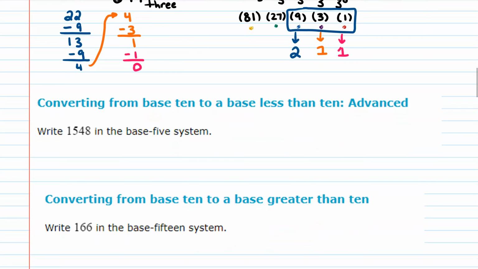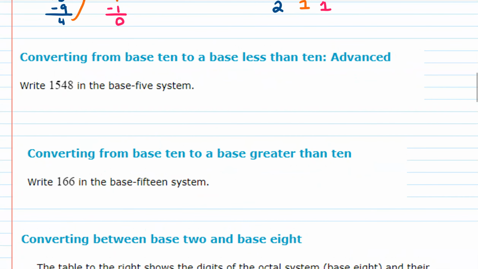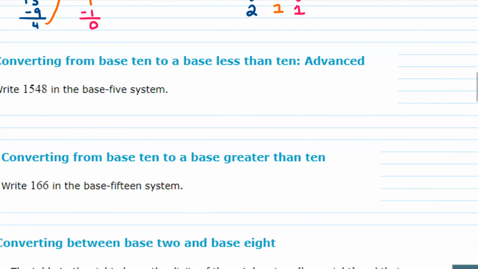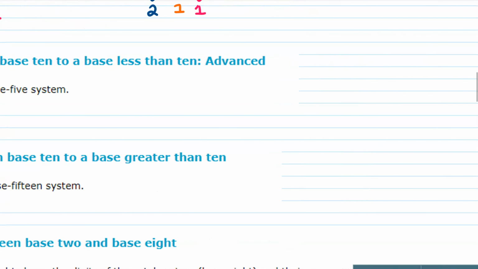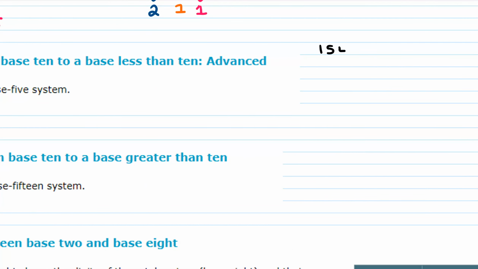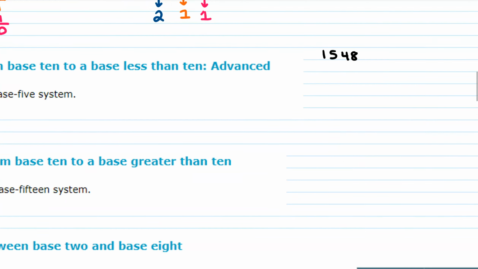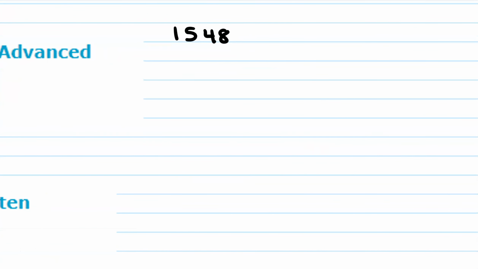Okay, let's try base 5. So I have the number in base 10, 1,548, and I want to change it to the base 5 system. I might just write it over here since my stuff is all so squished together. So let's think about base 5. Base 5 is the digits 0, 1, 2, 3, 4.